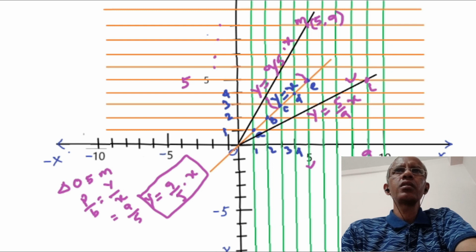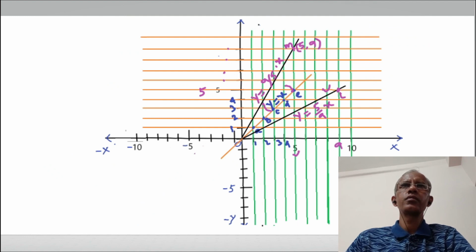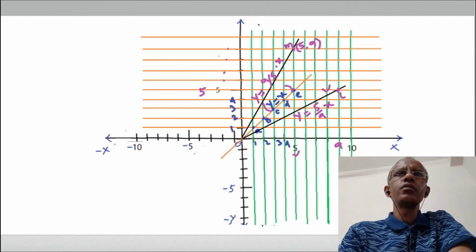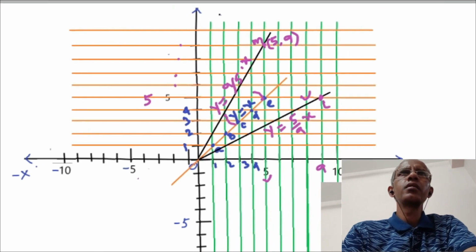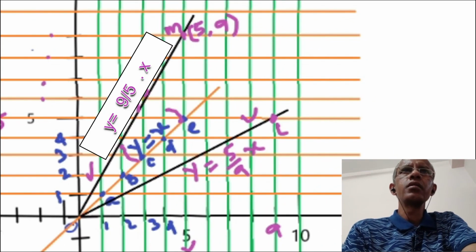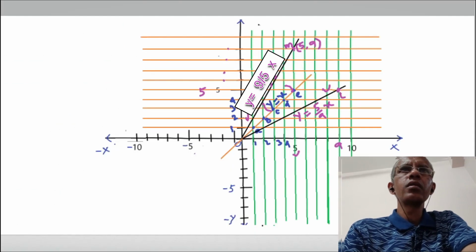Here we have taken the help of the similar triangles and the right angle triangle. So by the formula only we can guess the ratios of the y coordinate and the x coordinate. For example, if we take this line, then the ratio of the y and the x is 9 by 5.